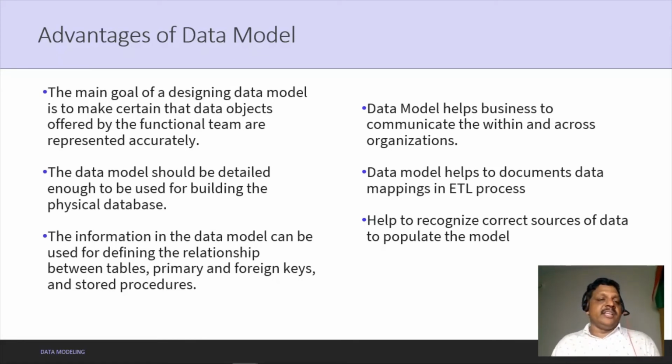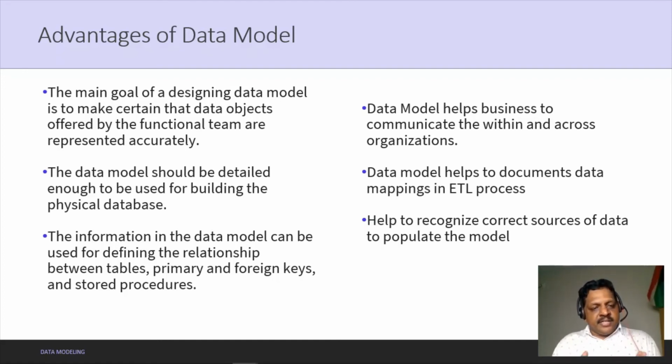So far we have seen conceptual, logical, and physical model. So what are the advantages? The main goal of a design data model is to make certain that data objects offered by functional team are represented accurately. It's a kind of validation. The data model should be detailed enough to be used for building the physical database.